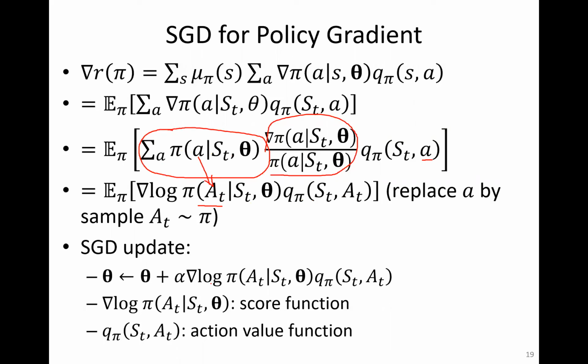So the SGD update is this formula. Every update, you have parameter alpha times the gradient of log pi. This is called a score function. And on the right, you have the action value function.